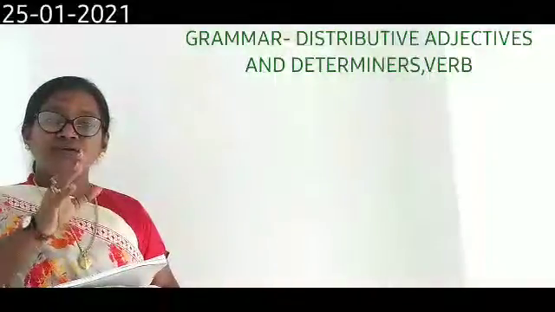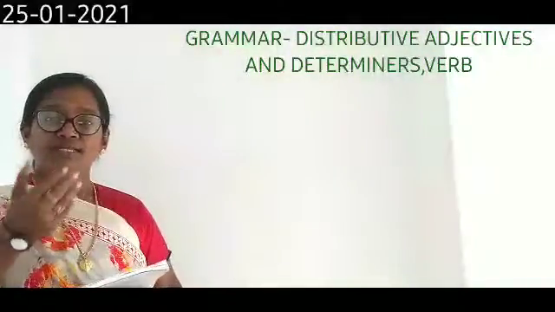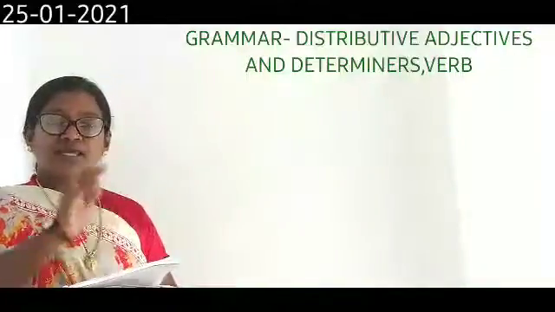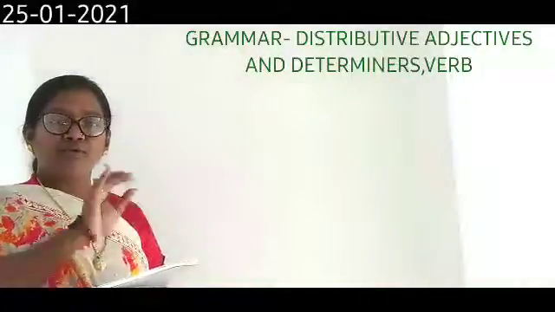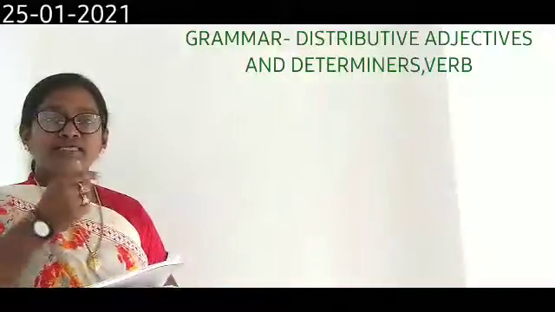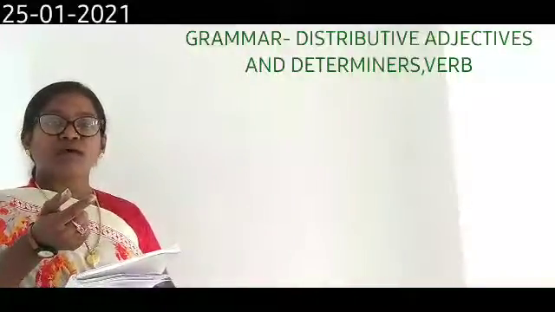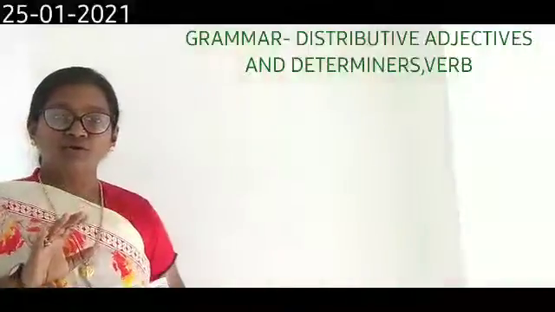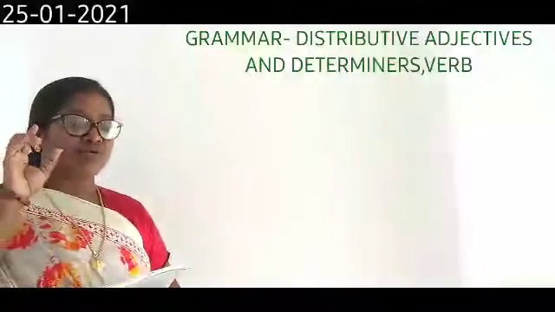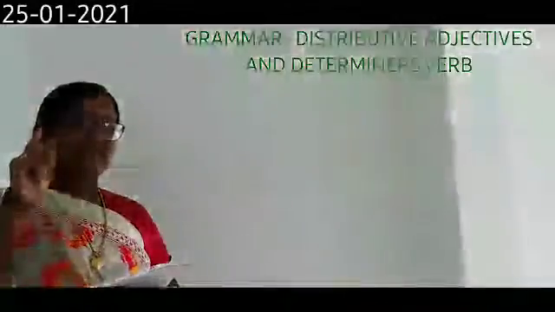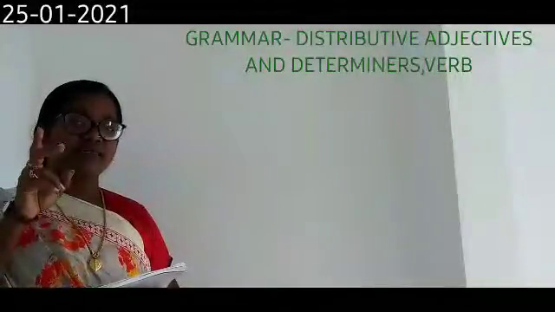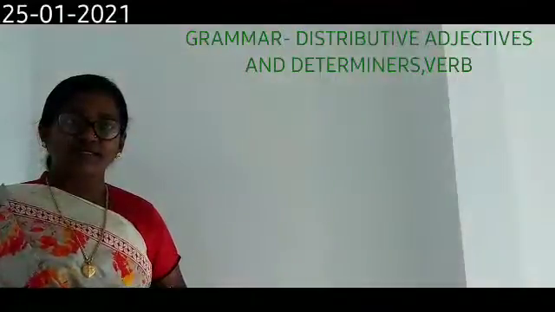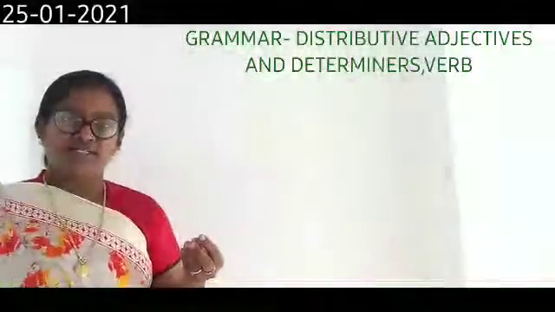You can take any of them, either that man or this man. Neither this one nor that is good, means none of them are good. Try to use each, every, neither, nor. So these are considered distributive adjectives.